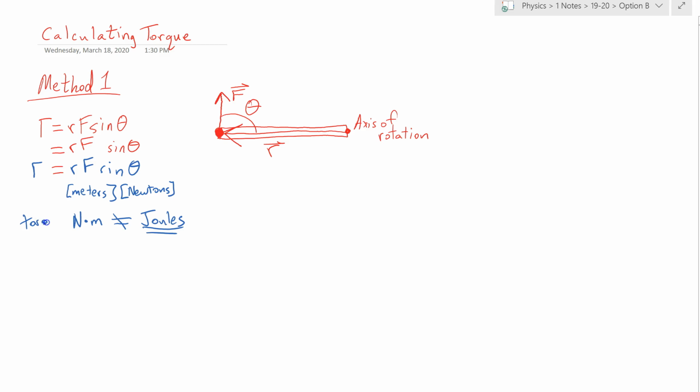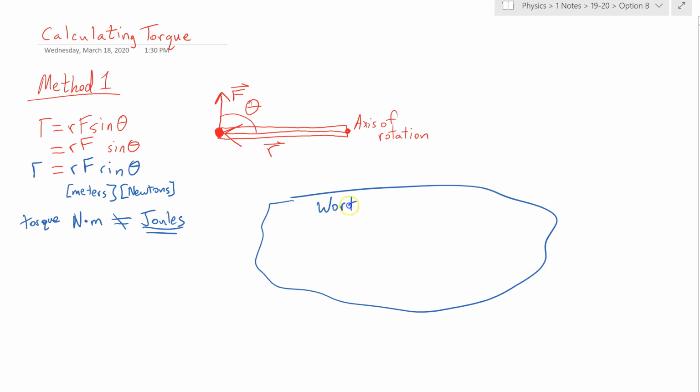The difference here is hidden in the vector tools that you use to calculate these things. And often when you just use this formula, that vector nature of this is hidden from you, because for work, when you calculate work, you calculate force times displacement times the cosine of the angle between them.